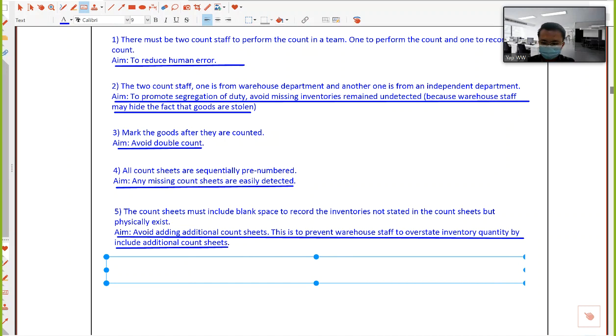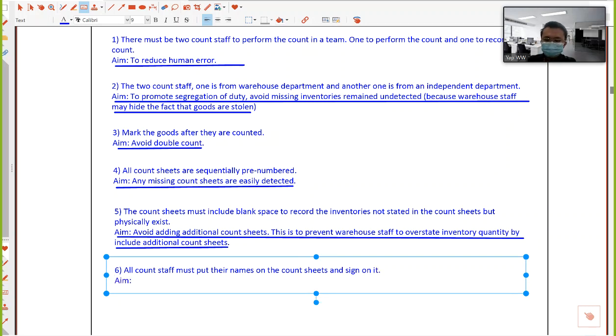And number 6, all count staff must put their names on the count sheet and sign on it.